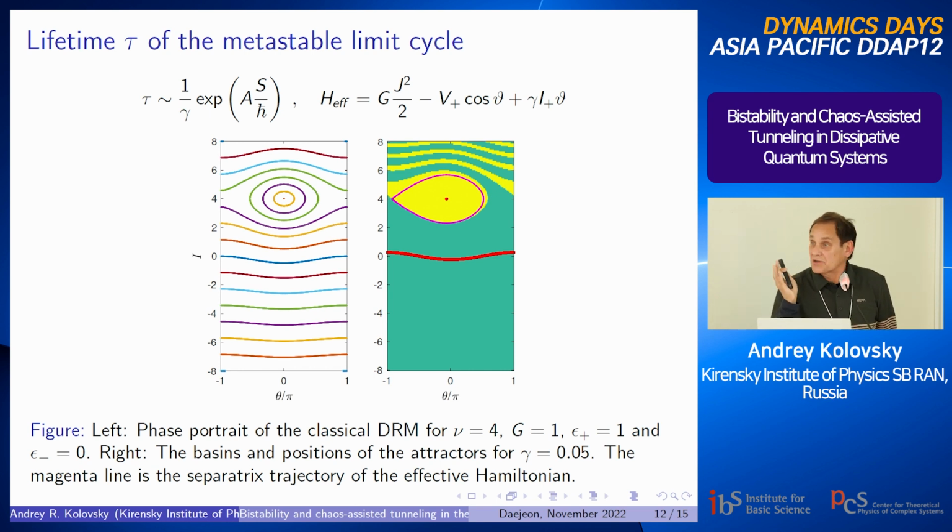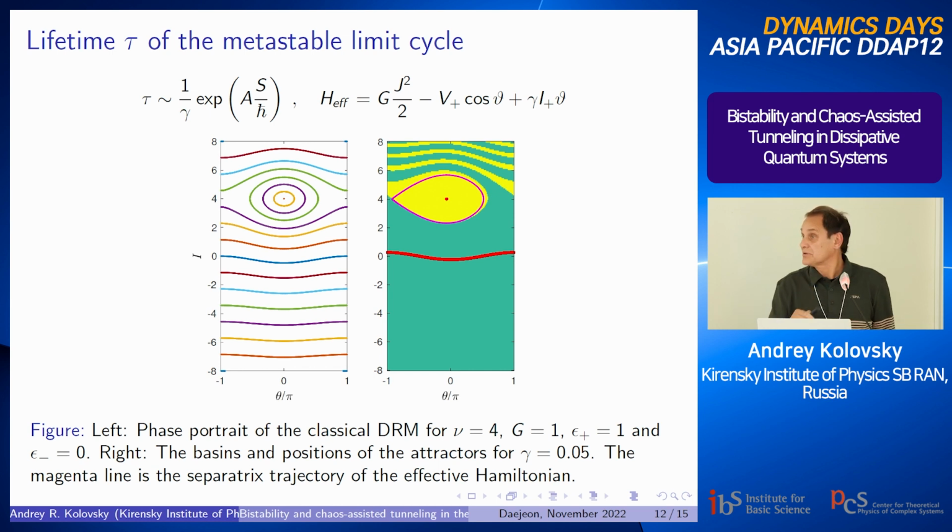It resembles very much the usual equation for tunneling. But note that this is a dissipative system, so it is not the Schrödinger equation; it is the master equation. And the gamma goes here, and it is also present here due to these terms.